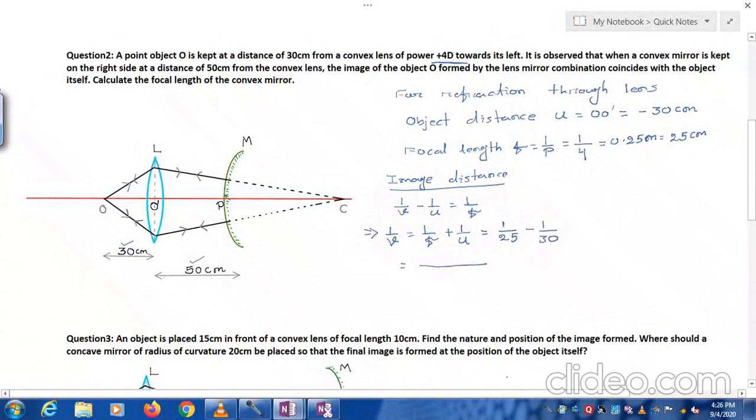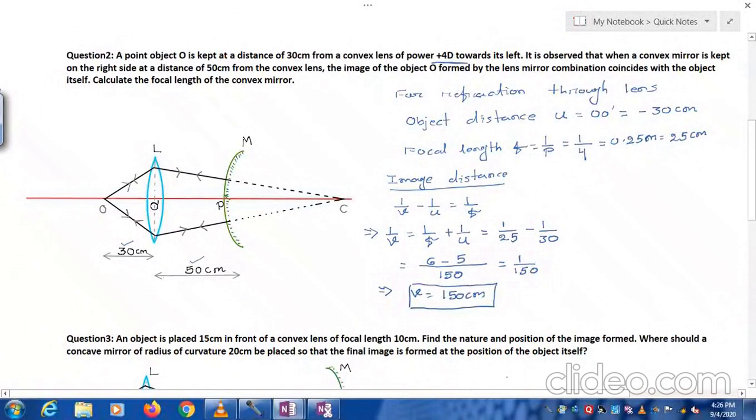So this is equal to 6 minus 5 divided by 150. So this is equal to 1 by 150. This implies the image distance v is equal to 150 centimeter. So this image distance is the image formed by the lens L.